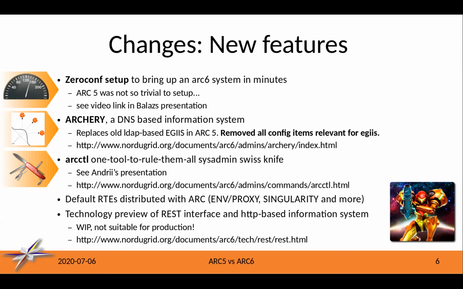You do not need to have any configuration in ARC.conf for it. It's all handled by the DNS system. If you want details about it, I will not go through it, but there is a documentation page on how you set up this kind of thing.